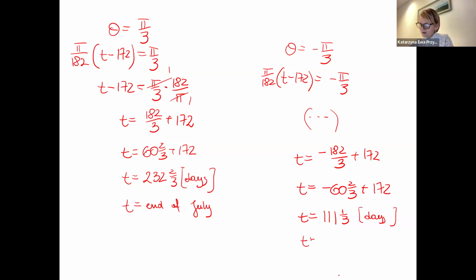And this one will be around 112 divided by 30. End of April, yeah, because it's less than 4. What I'm doing is just dividing by 30 and looking at what the number is.